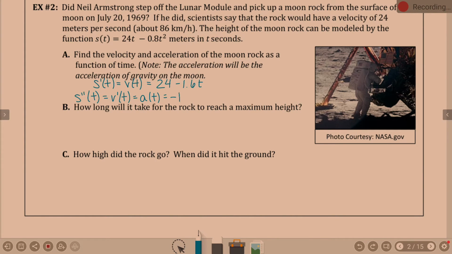Negative 1.6. And officially, what would be the label of the acceleration? Meters per second, or rather meters per second squared, right?